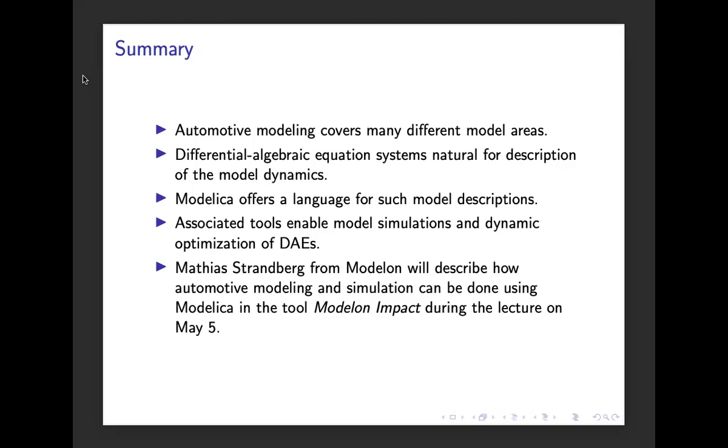Is the car behaving in an expected way during this kind of maneuvering? Also, there are certain trigger events for the control systems, the safety systems like the ABS system. We need to use sensor data and combine that with models to determine when we should activate different kinds of control systems.